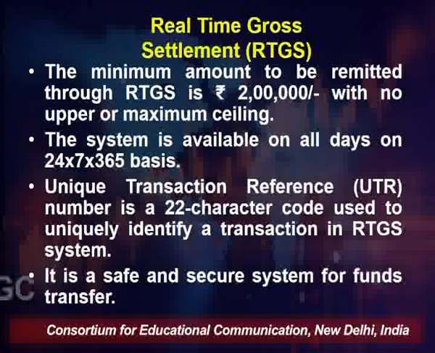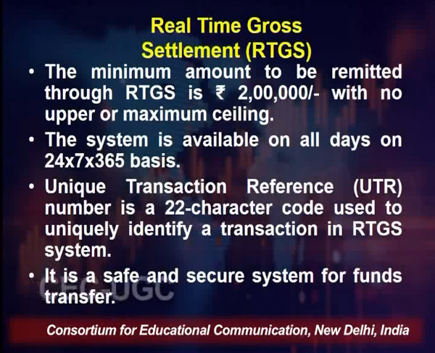As and when I transfer this 5 lakh rupees through internet banking, immediately the bank will issue it as the transaction is made. So after the transaction, automatically a UTR number will come, right? That is a proof, a testimony that this money has been transferred under this transaction number. This is a 22-character code used to uniquely identify a transaction in the RTGS system.